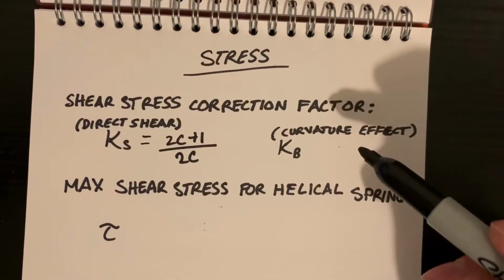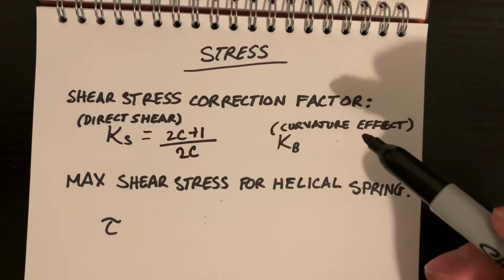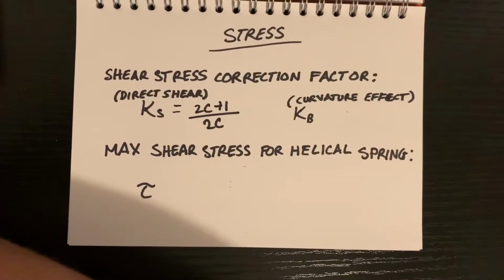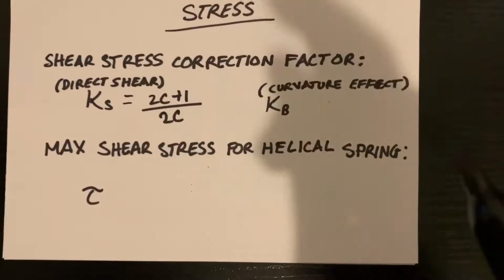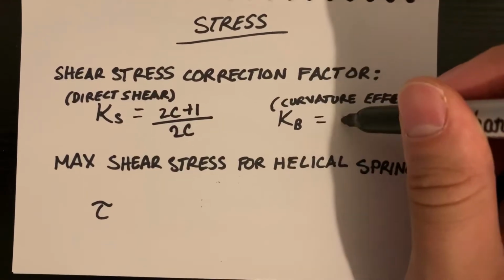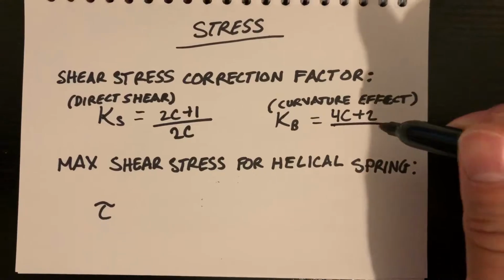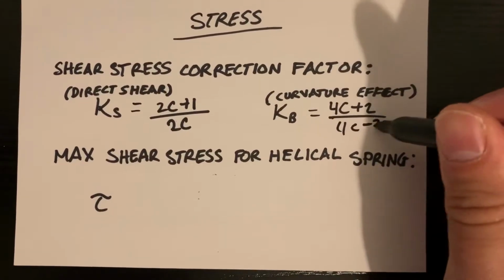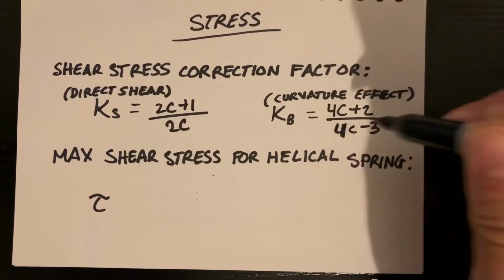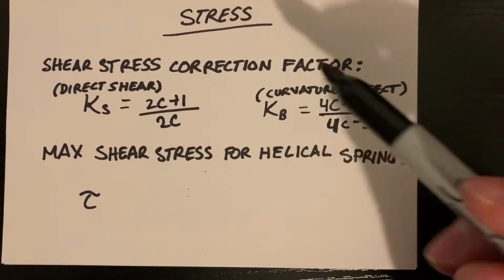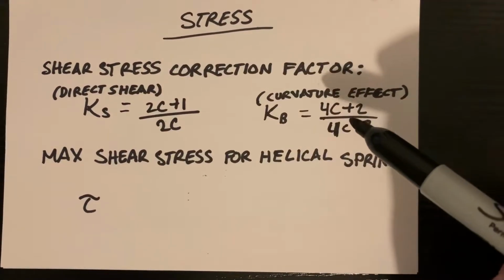If you also have curvature, you need a different equation. And this is a constant KB, which is equal to (4C + 2) over (4C - 3). And the KB accounts for direct shear and the curvature effect.